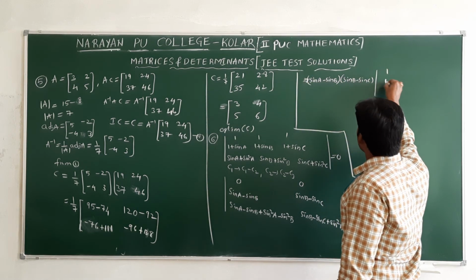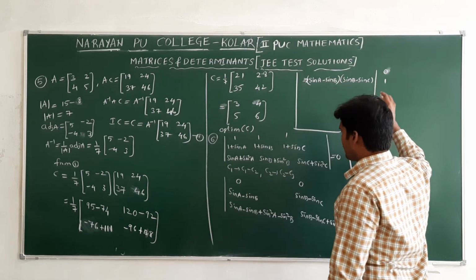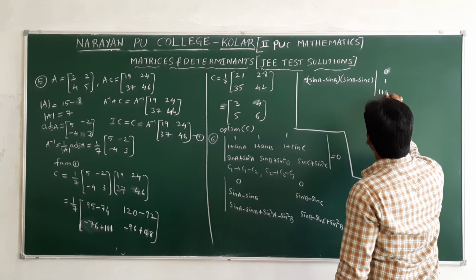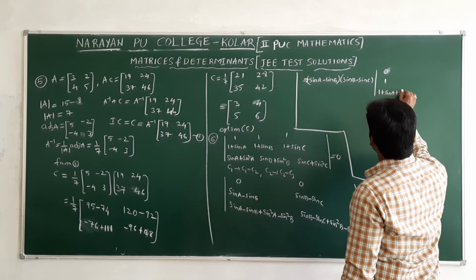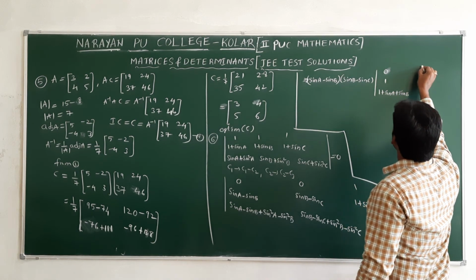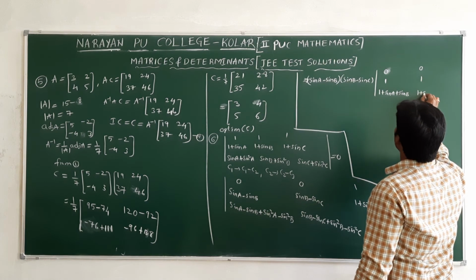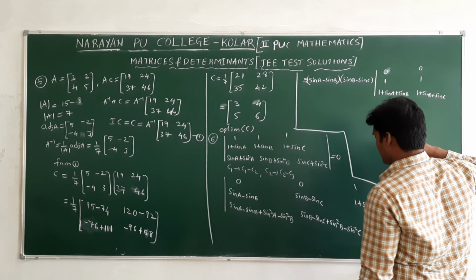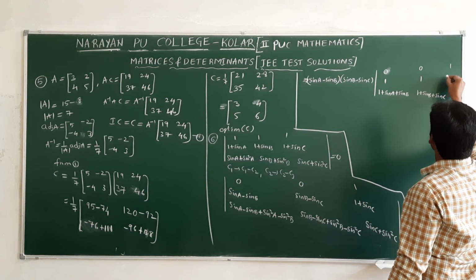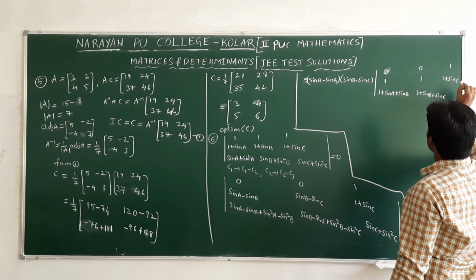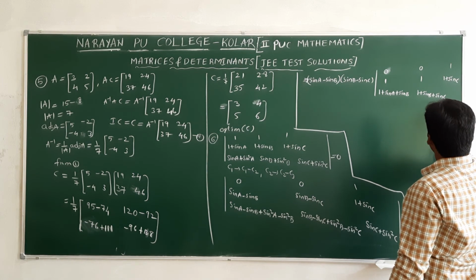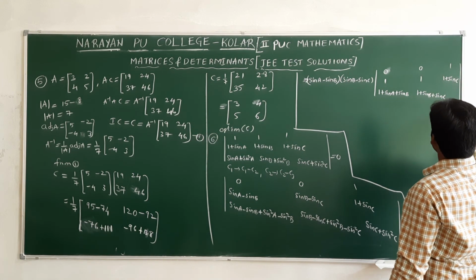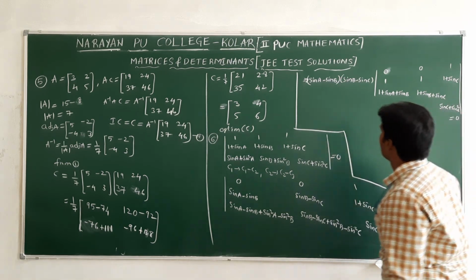Remaining: 0, 1, 1, and here the remaining part is sin A plus sin B, 0, 1, 1 plus sin B plus sin C. The last column is 1, 1 plus sin C and sin C plus sin square C. The complete value is 0.